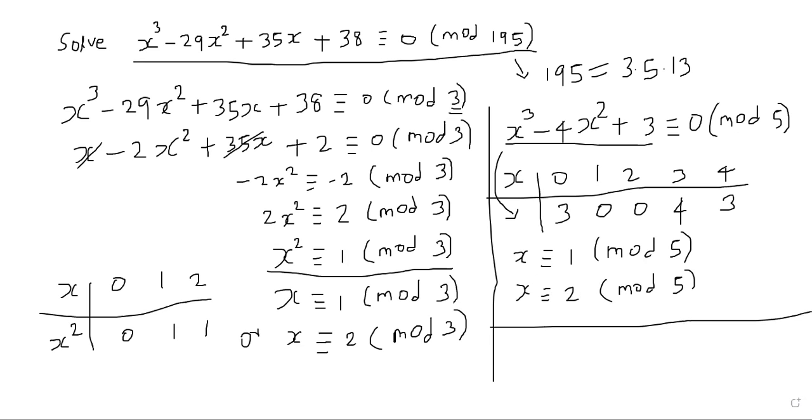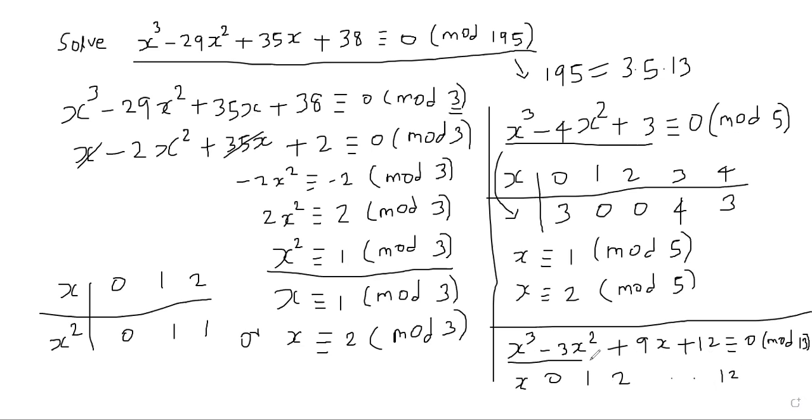With 13, right, we can simplify this, it becomes x cubed minus 3x squared plus 9x plus 12 congruent to 0 mod 13. x is 0, 1, 2, all the way until 12, we need to compute, right?